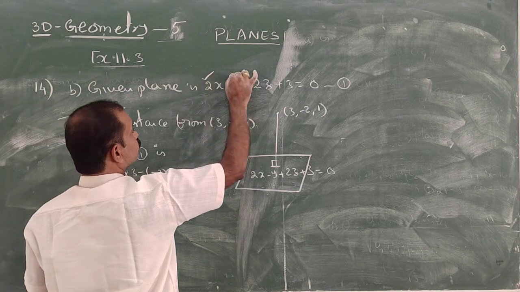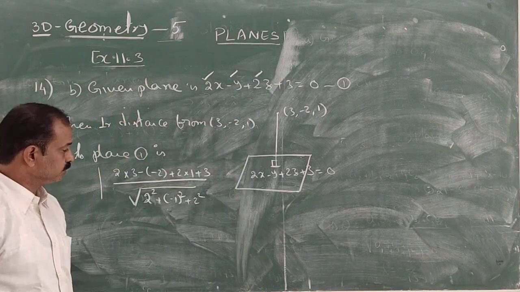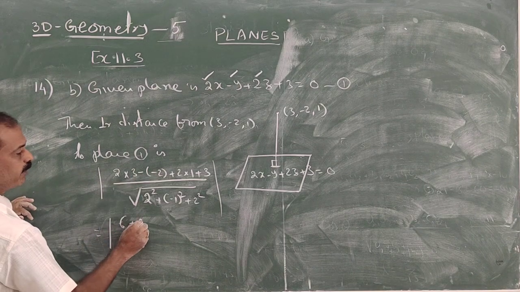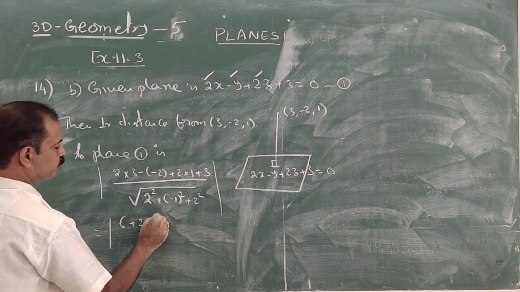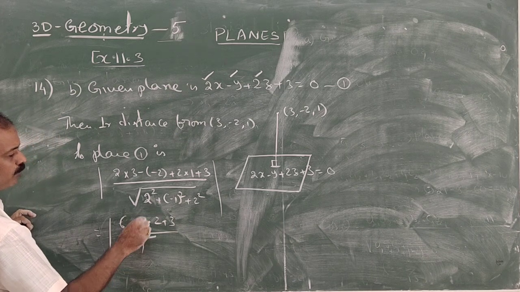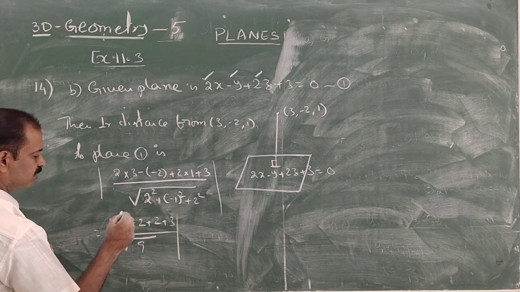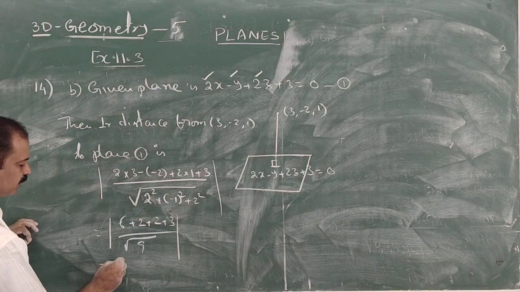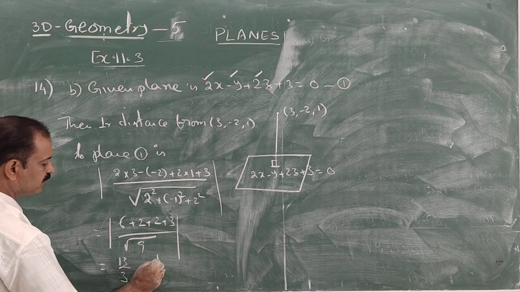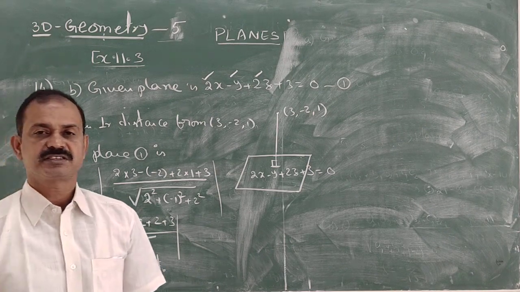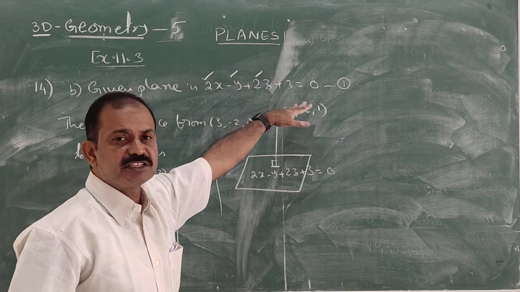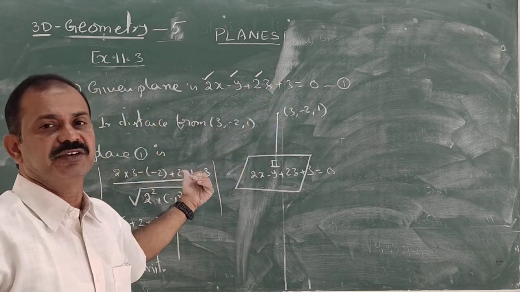What are the DRs? 2, minus 1, 2, which is equal to 6 plus 2 plus 2 plus 3 by under root 4 plus 4, 8 plus 1, 9, which is equal to 13 by 3 units. So it is nothing but the perpendicular distance from, not only from the origin, from any point. If origin is coming also, you can put it in the same way.